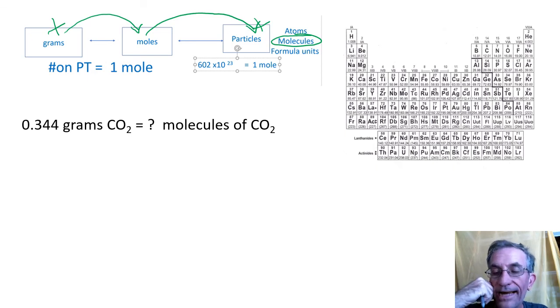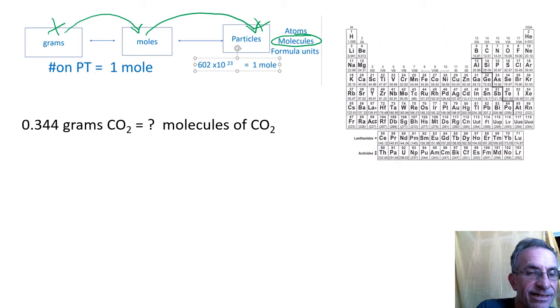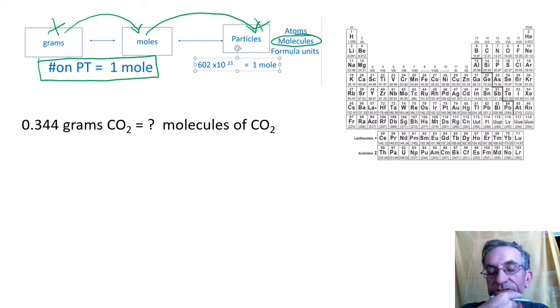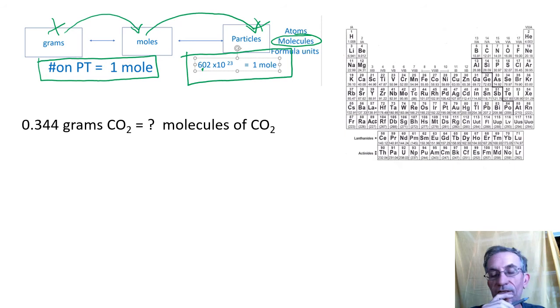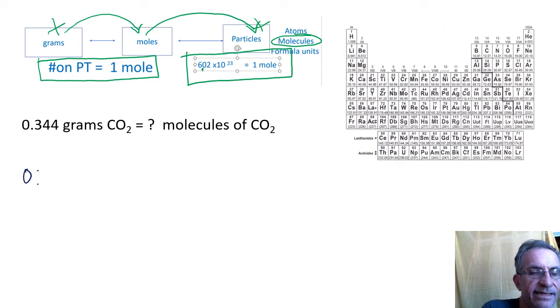So grams to moles, that means we're going to be using our periodic table. Once we use our periodic table to get to moles, then we're going to have to use Mr. Avogadro's number to get to molecules. All right, so let's try it out. Let's see how we do. I'm going to write down my beginning number and unit: 0.344 grams of carbon dioxide.